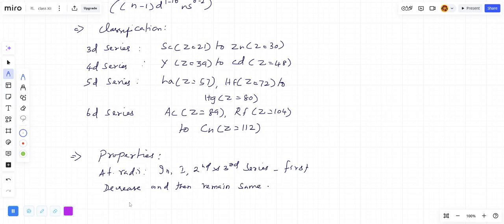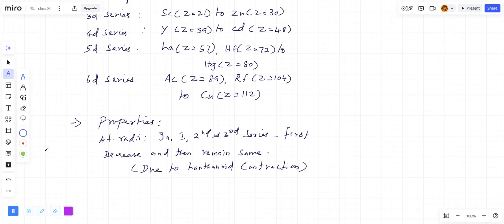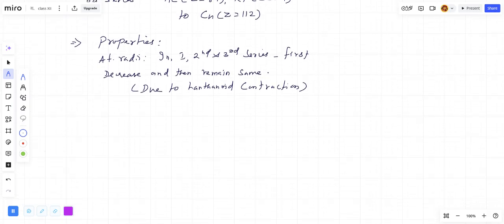This is due to lanthanide contraction. The atomic radii are smaller than those of S block elements and larger than those of P block elements period-wise.